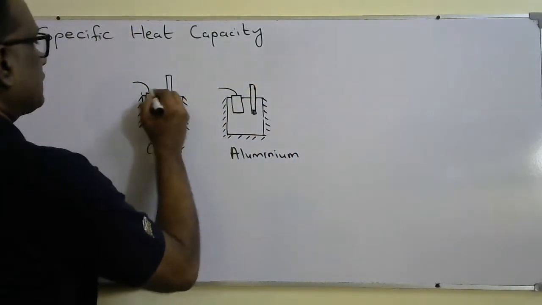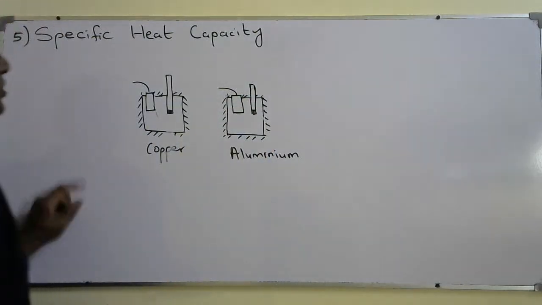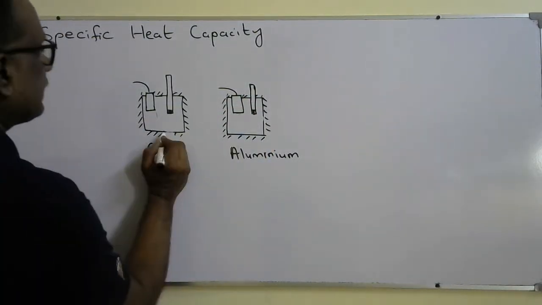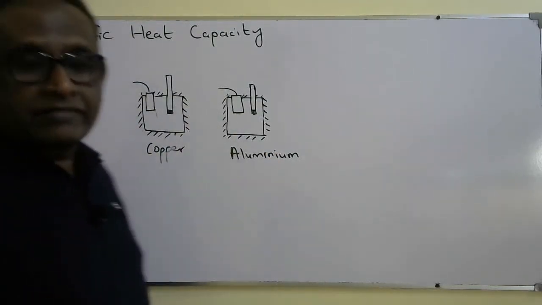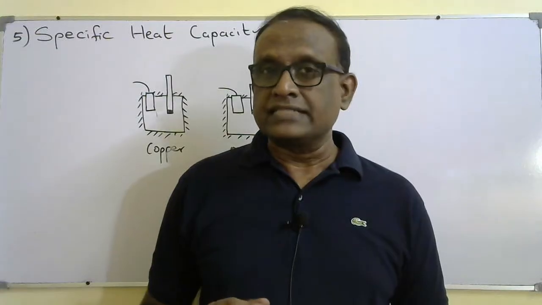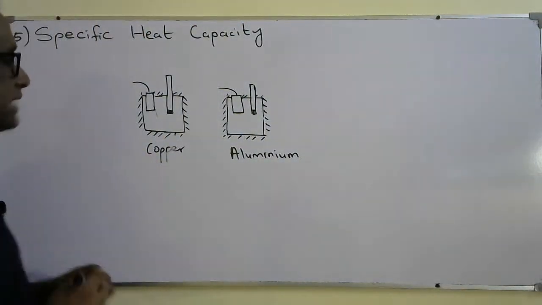It's fully thermally insulated, no heat loss to the surroundings. So identical heaters, identical thermometers, the same type of insulation, the same mass, but the only difference is the type of material. One is copper, the other is aluminium.